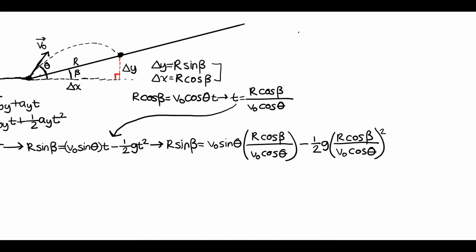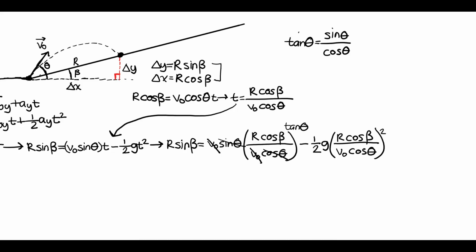Now in this expression, you can see the v naughts immediately cancel, and we can use the identity tangent of theta equals sine theta over cosine theta, which is a really important identity to learn, especially when you're dealing with trig expressions in physics. So this can be simplified to tangent of theta.